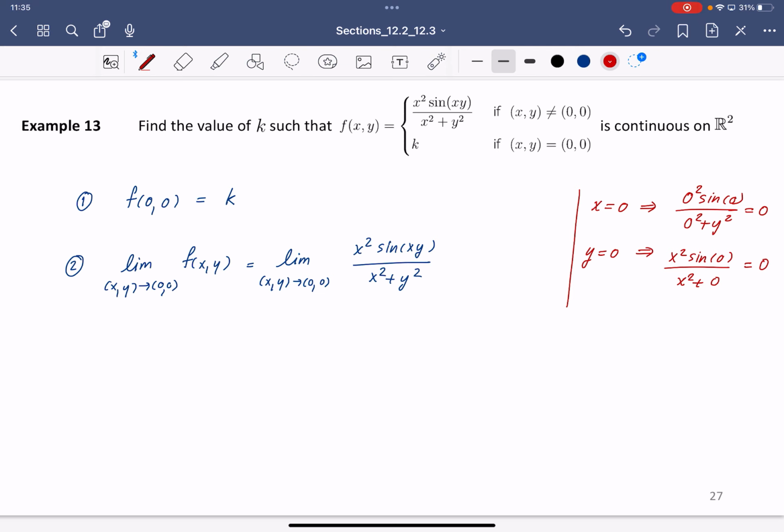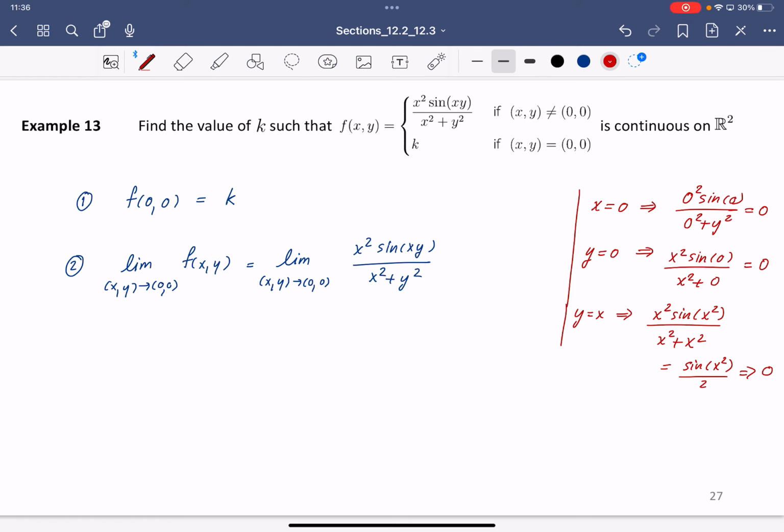Which line are you going to pick next? y equal to x: you get x squared sine x squared over x squared plus x squared, so sine x squared over 2, but x goes to 0 so it also goes to 0.